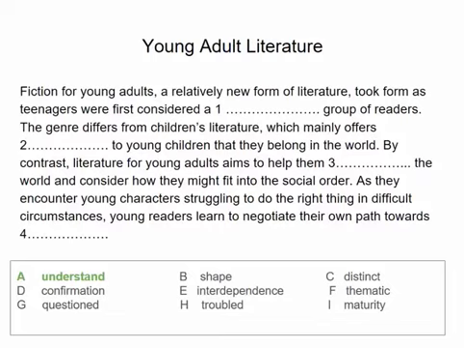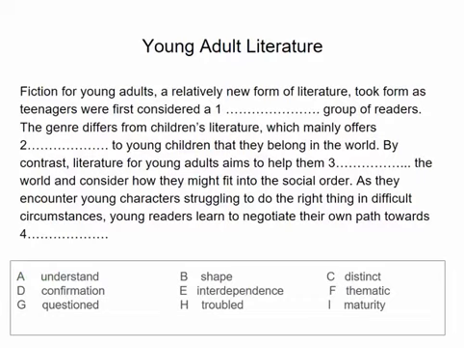That's not the same idea that was taken from the passage. Instead, the literature allows young adults to understand things, to get a clear sense of their world. And that's what we get by using answer choice A there. Okay, so answer choice A recreates the same idea that is taken from the passage there.